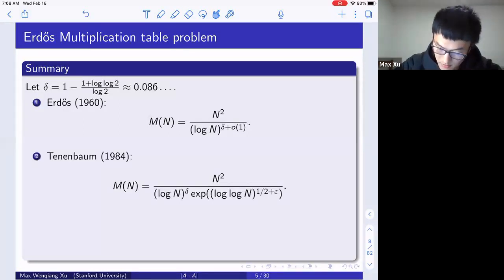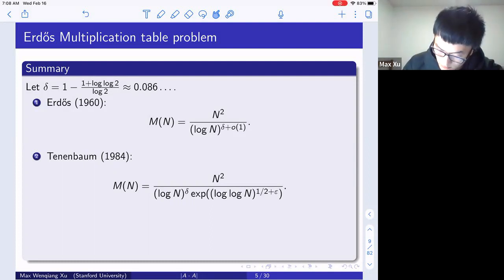And Tenenbaum made this little o(1) more precise, with a bound of exp to the power (log n) to the half plus epsilon. Actually, I think he can make this even more precise, with triple logs, but I just skip it here.